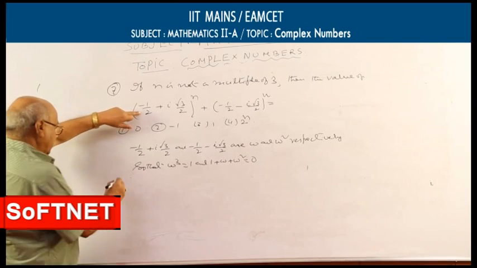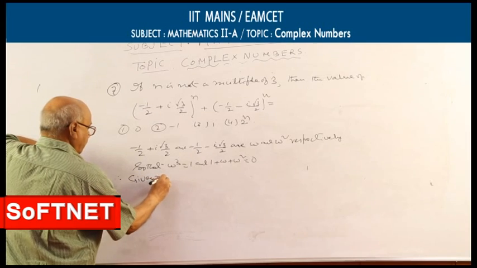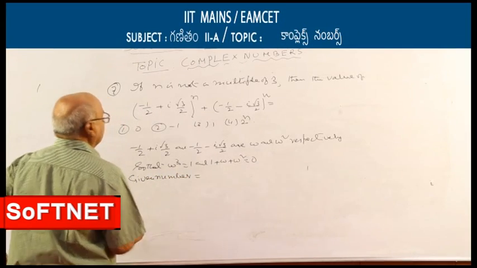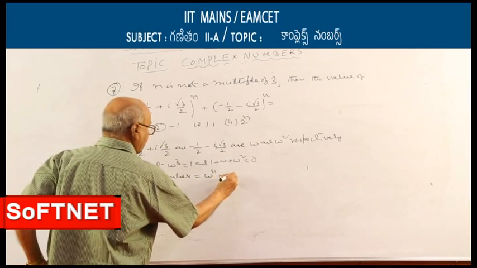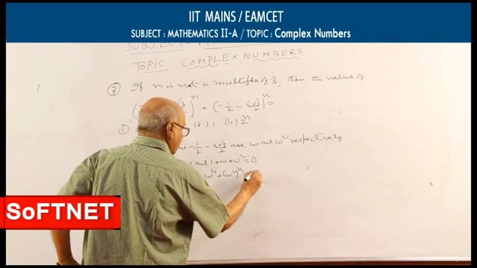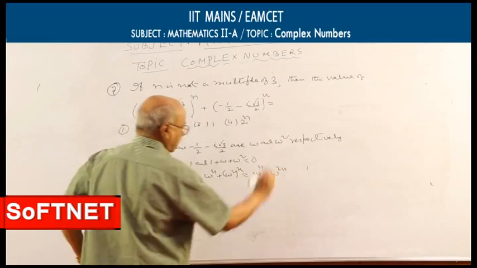So therefore, the given number is equal to omega power n plus (omega square) whole power n, which is omega power n plus omega power 2n.